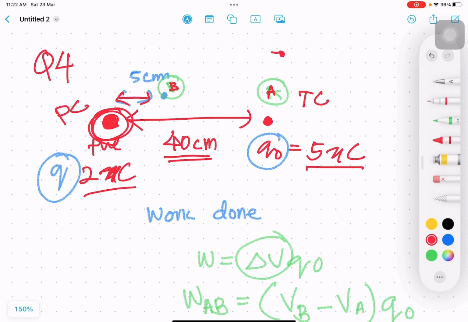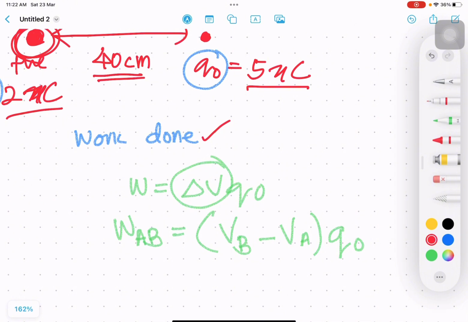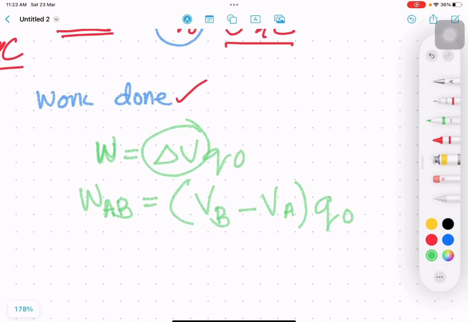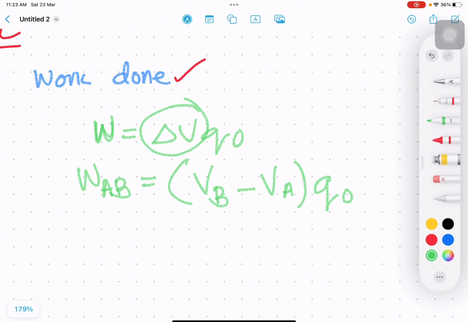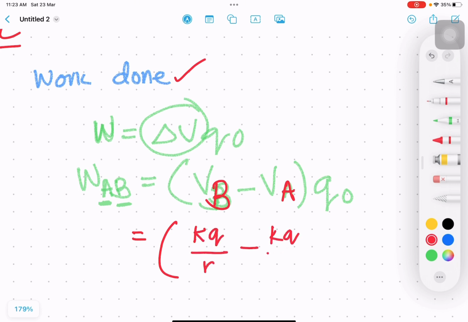So from A to B, we have the formula for work done. Work done is W equals delta V times Q naught. So W from A to B is delta V, final which is VB minus VA, the initial. So delta V is KQ over R minus KQ over R. This is KQB, KQA times Q naught, R final minus R initial.